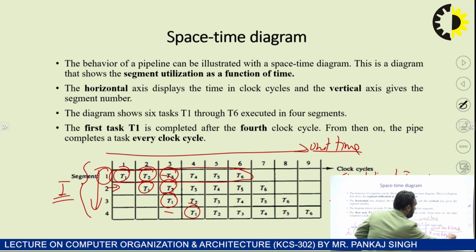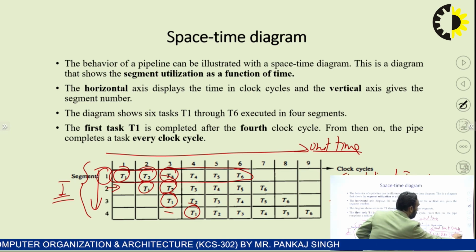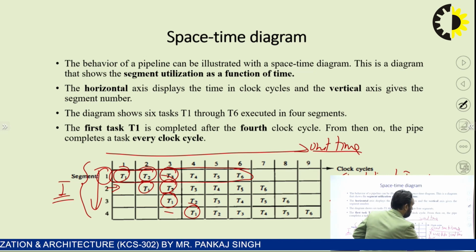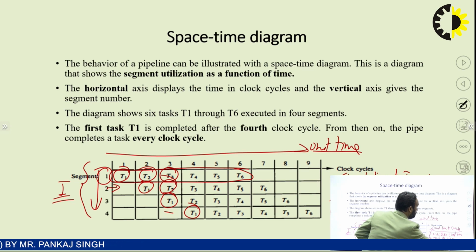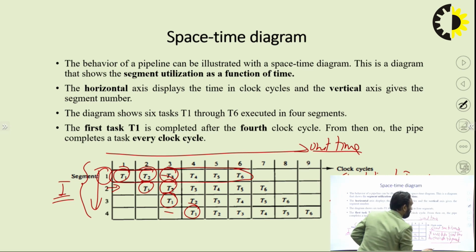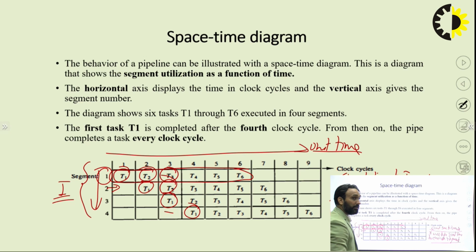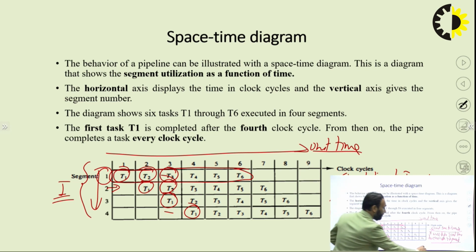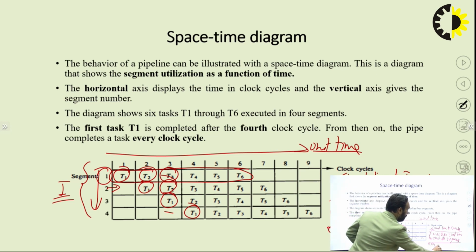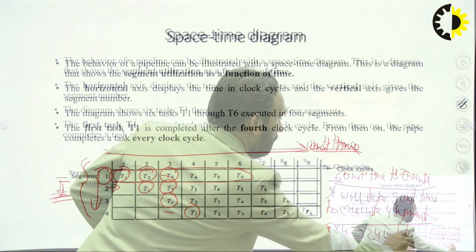So from the given figure, we identify it will take 9 unit time to execute 4 segments. But if it is in a sequential manner and each segment requires 6 unit time, that will execute in 6 into 4, that means 24 unit time.